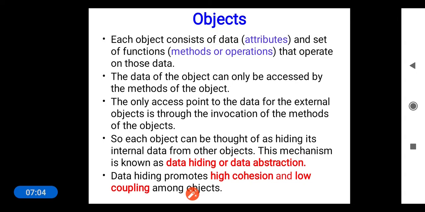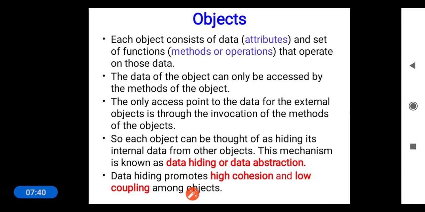Sometimes we can use methods and operations interchangeably, but there is a slight difference between a method and an operation. What does that mean? Generally an operation is the responsibility of a class, and a method is used to implement that responsibility. That is the difference between a method and an operation, but mostly we use them interchangeably.